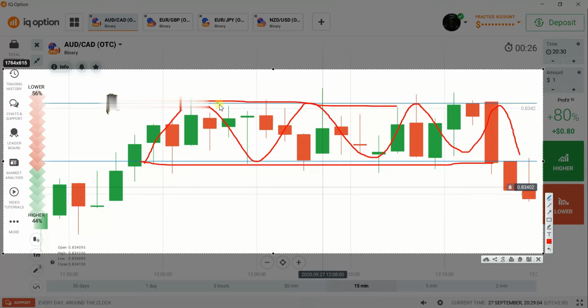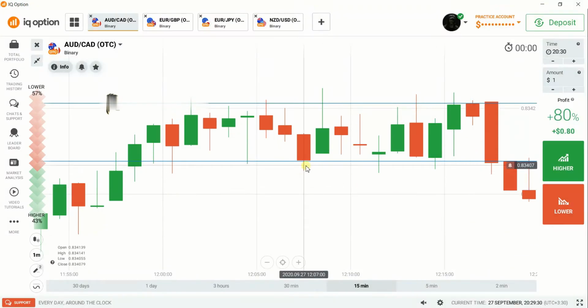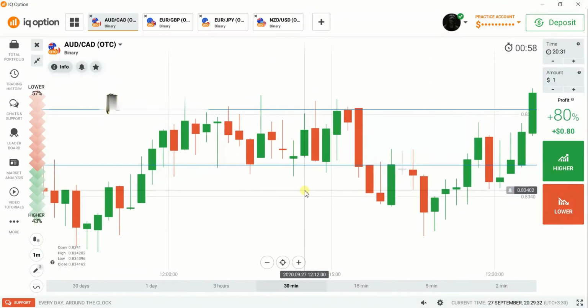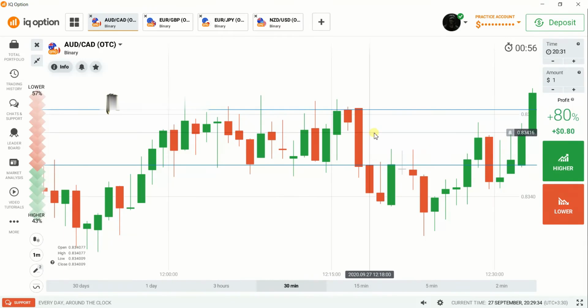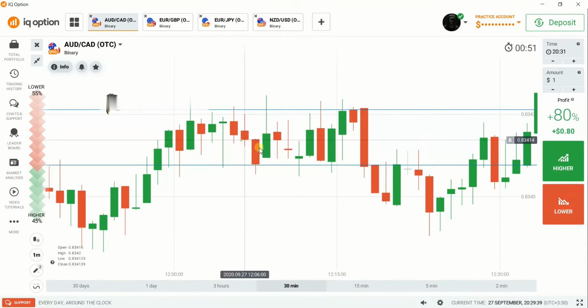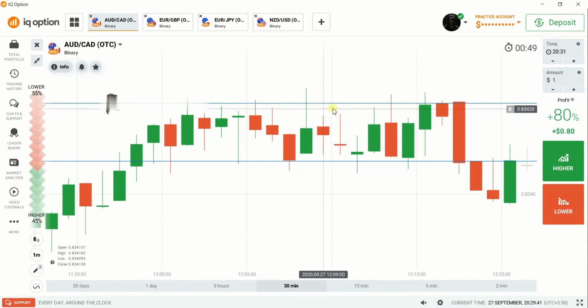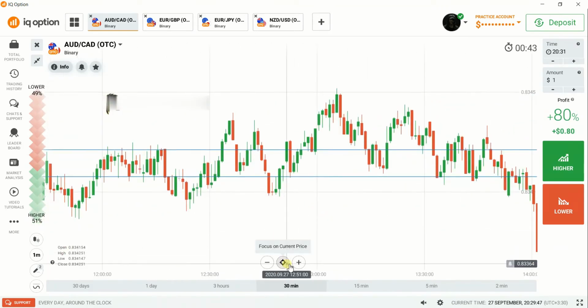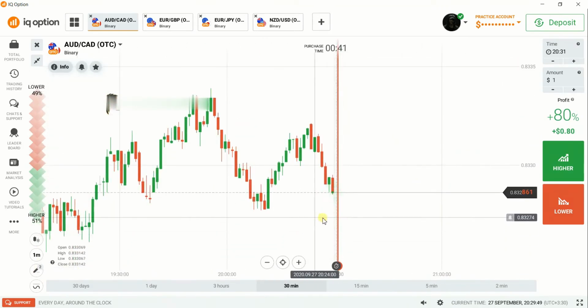The market is moving in this range. So today we want to discuss how to trade with SNR in the ranging market. The market is moving in this range between these two levels. Okay, so let's discuss it.